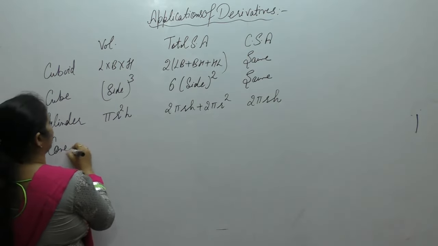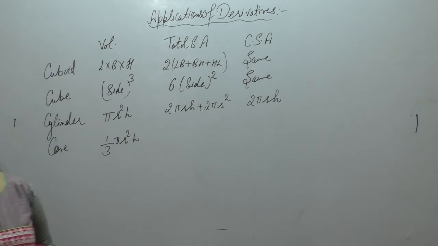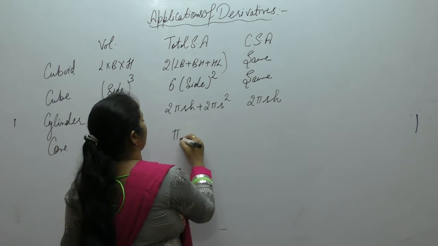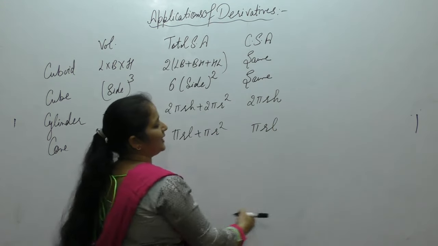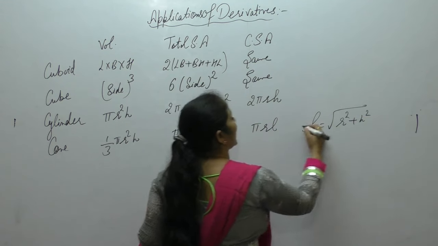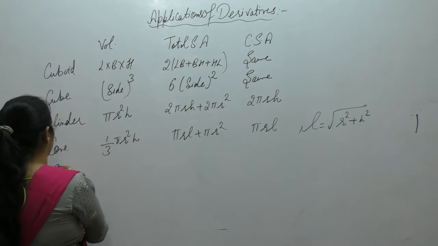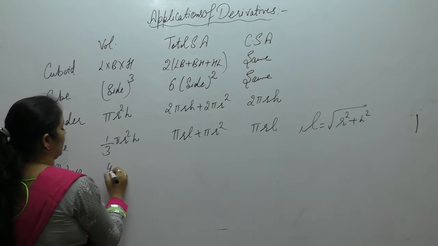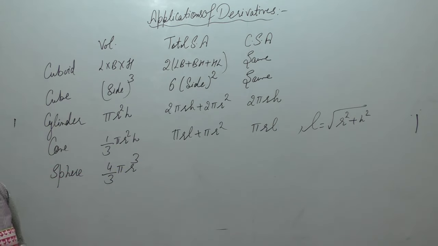Cone. Volume of cone 1 by 3 pi r square h. After that, total surface area pi r l plus pi r square and curved surface area is pi r l. L is slant height, that is equals to square root of r square plus h square. Next one is sphere. Volume of sphere 4 by 3 pi r cube.